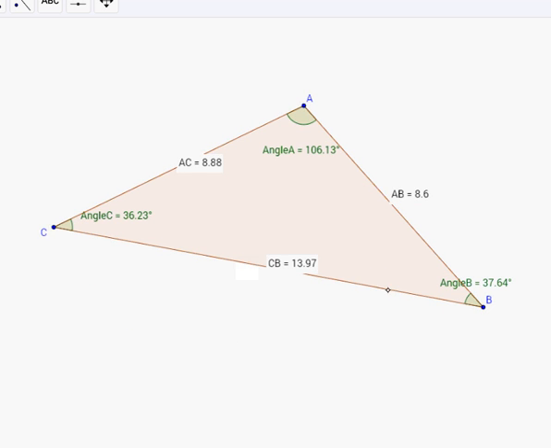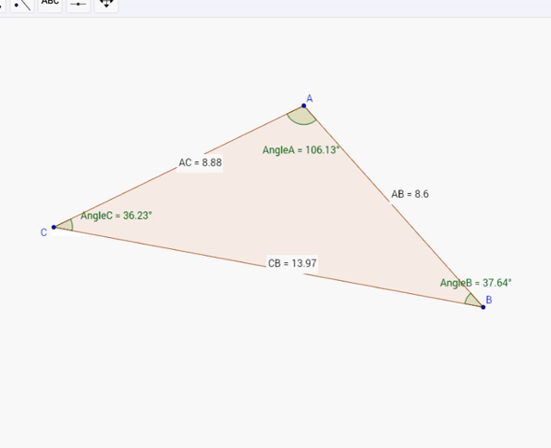Okay, you're going to notice that the biggest angle is angle A. It's 106.13 degrees. And what I want you to notice is that the longest side is across from the largest angle, which makes sense if you think about it, because what we saw earlier was that the bigger the angle, the bigger the side across from it. All right?